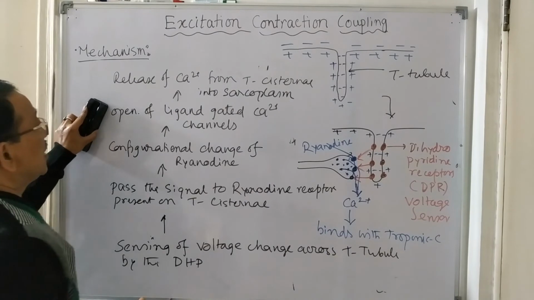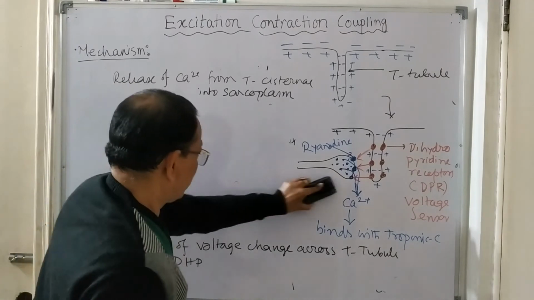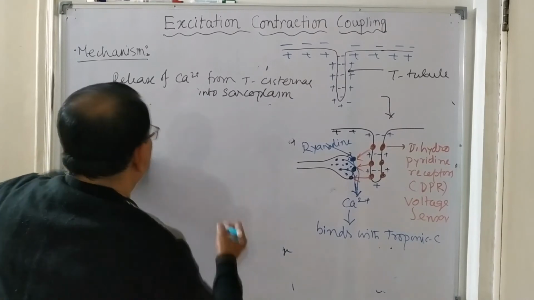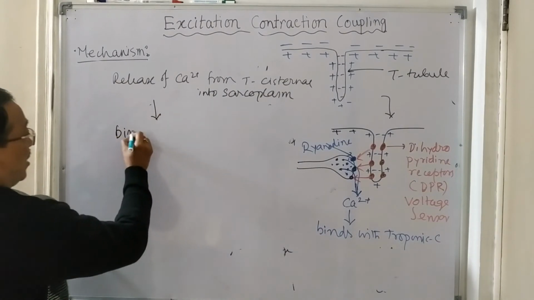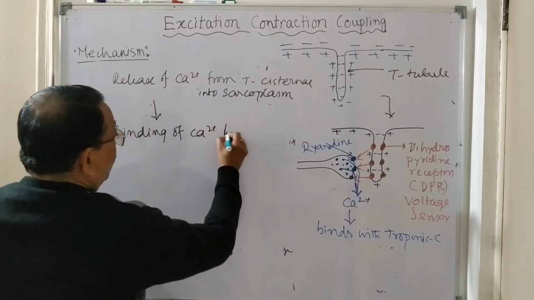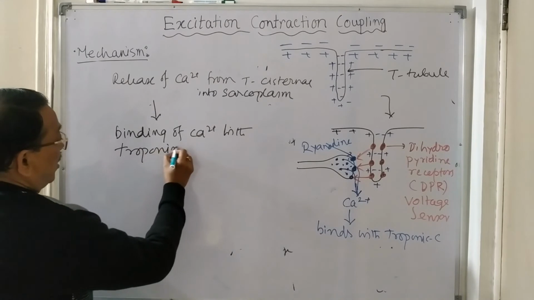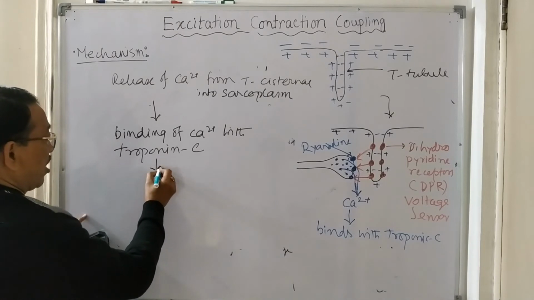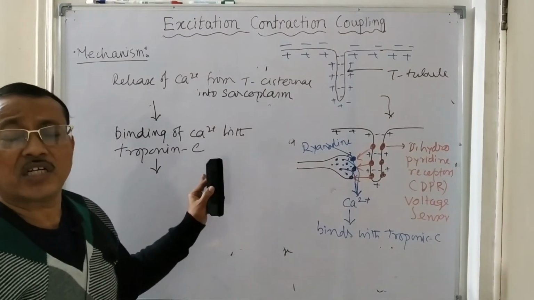Now what's happened? This calcium ion binds with the troponin C molecule, and this binding is responsible for a configurational change of the troponin molecule.